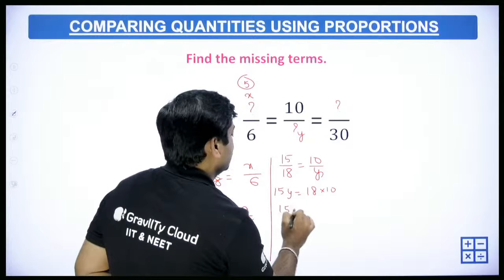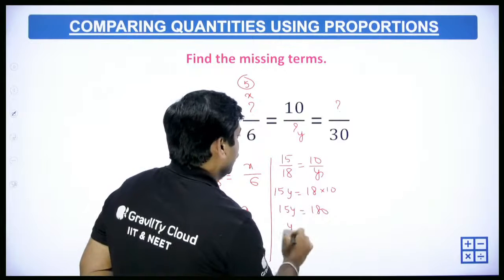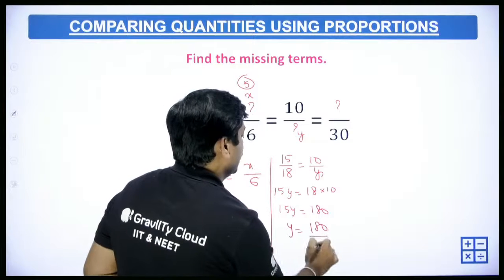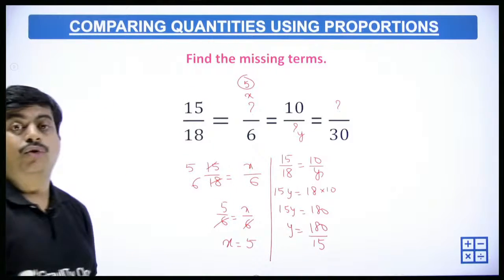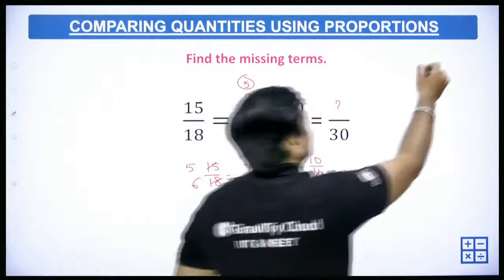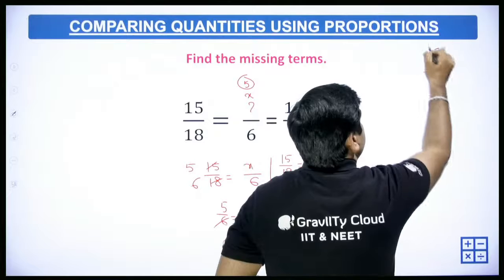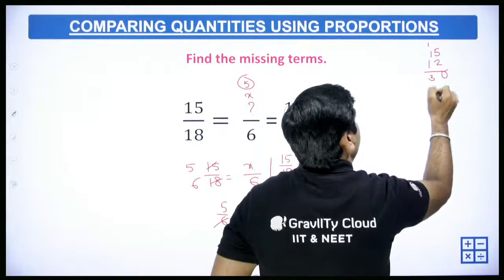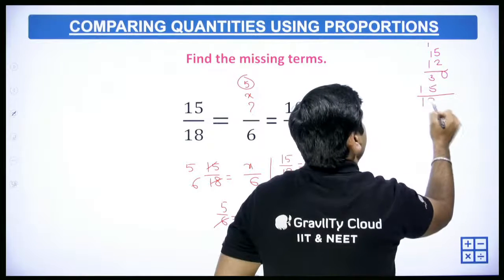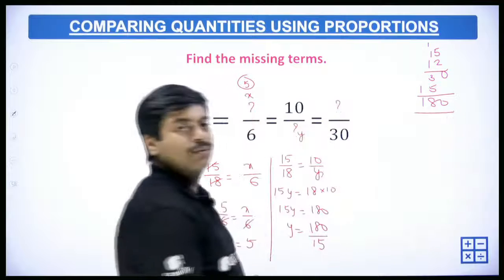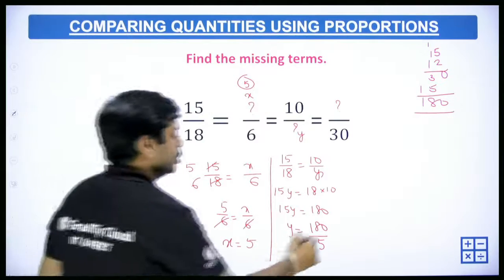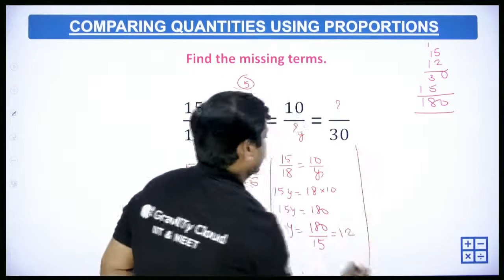So 15y is equal to 180 and y is equal to 180 by 15. If I am not wrong, 15 12s are 180. Let me check that. That is 180. So y is equal to 12.